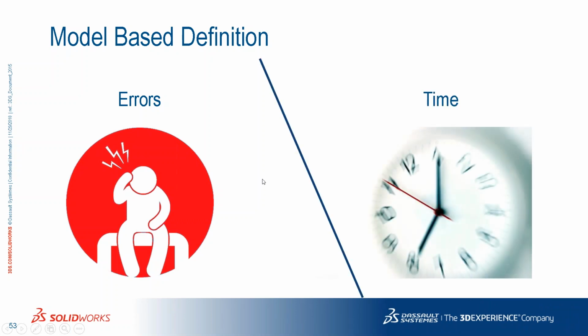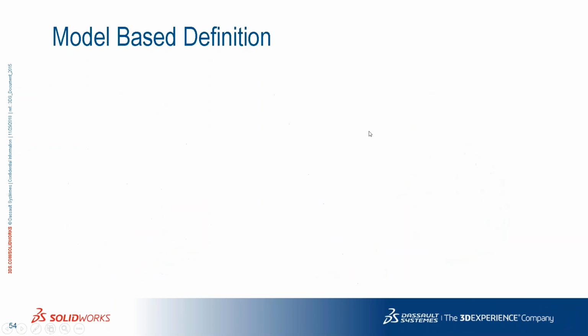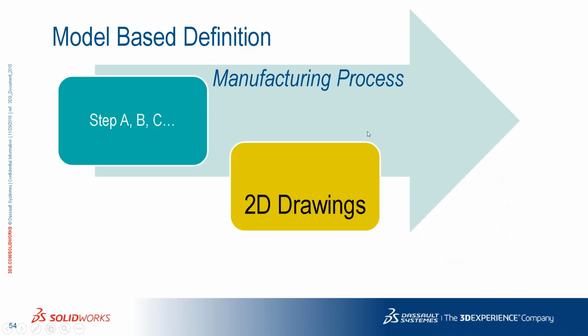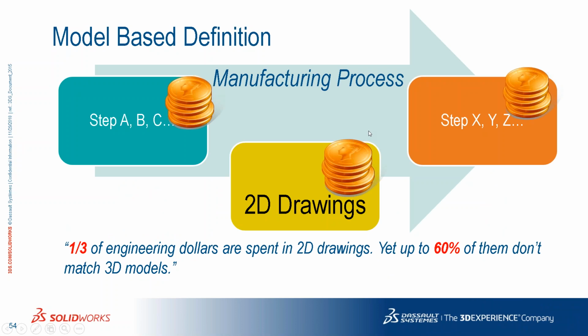Next is the time. Urban 626 experienced a time reduction thanks to the process automations. You have to consider that 1/3 of the money spent on a project is spent on creating, but also maintaining drawings. That's a very big cost.